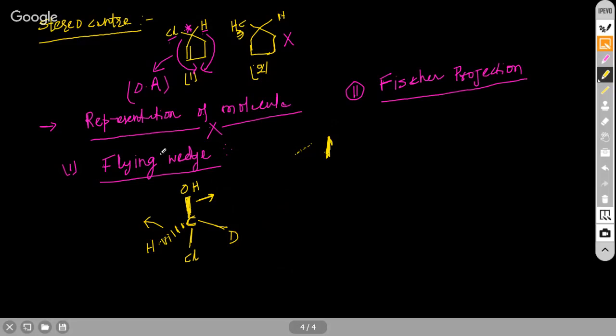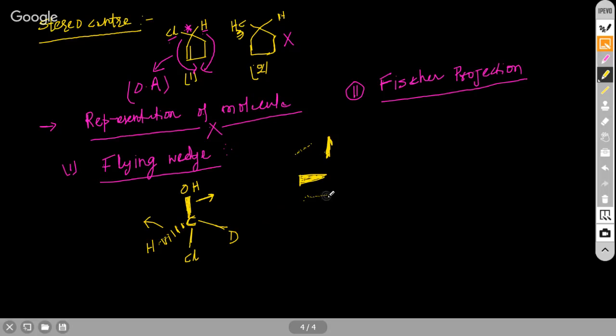So this carbon-OH bond is coming out of the screen towards you. So write down: a dark wedge means the bond is coming towards the observer.